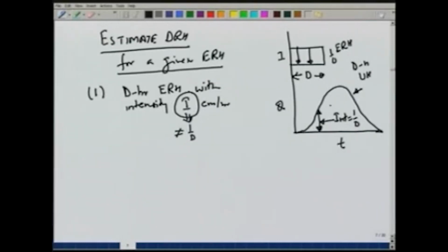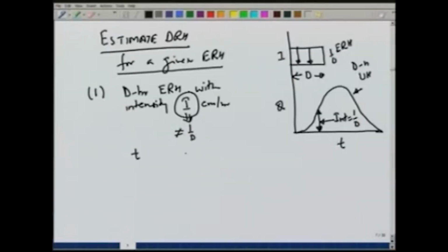Now, if we have a different intensity, let us say I, then this ordinate will be multiplied accordingly with that intensity. Generally, before computers were so popular, it was all done in tabular form. So, we used to make a table of time, unit hydrograph ordinate, generally denoted by U, and then the direct runoff hydrograph ordinate. So, at time t equal to 0, naturally U will be 0.